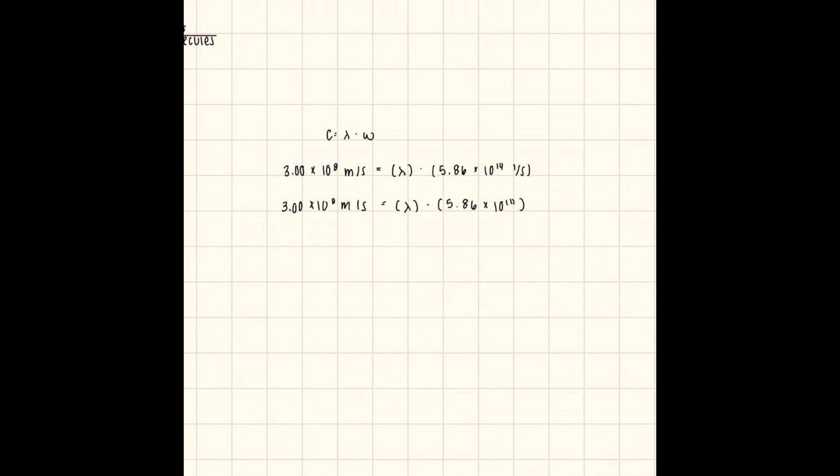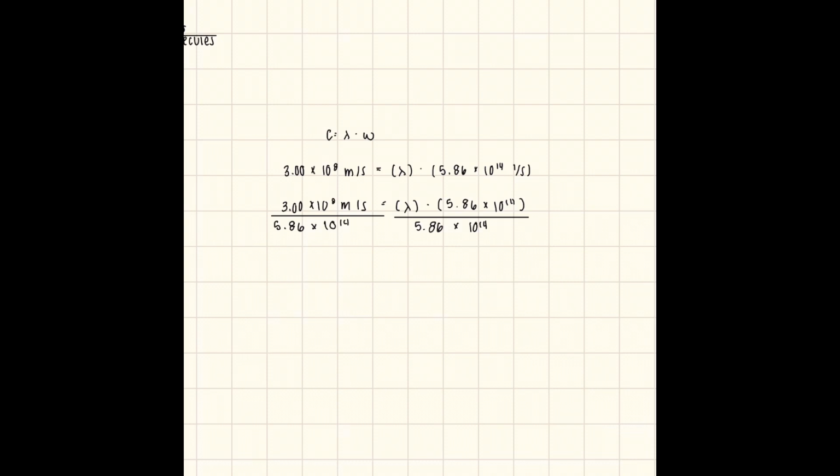So now that we're here, we're going to divide both sides by that value of frequency, which is going to be 5.86 times 10 to the 14th. And you do the same on both sides, so it's even. And once you put that into your calculator, you are going to be able to find your value of wavelength.